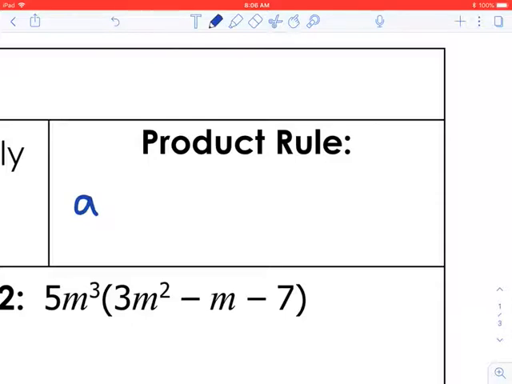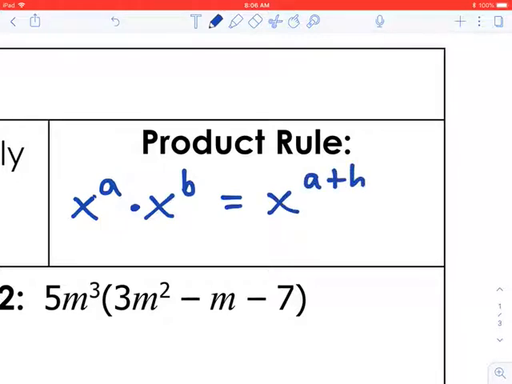When you have x to the a times x to the b, we multiply and get x to the a plus b. So we add the exponents. A good example of that could be 3x squared times 4x cubed.